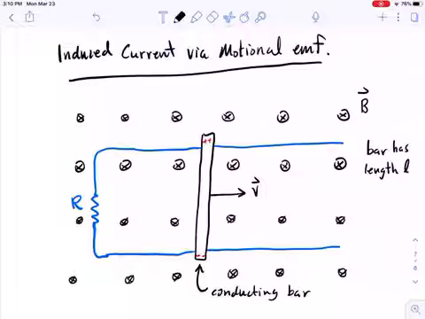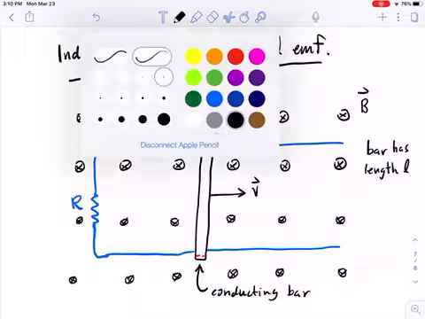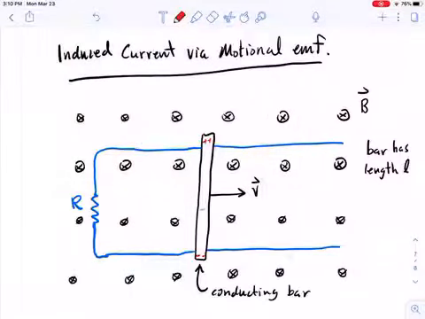Okay, well, we saw that if I had a positive charge inside this bar, there's a magnetic force on it upwards, and the direction of motion of positive charge is also the direction of current.